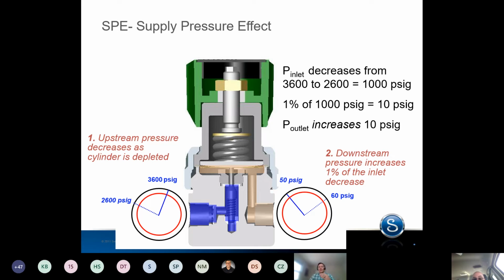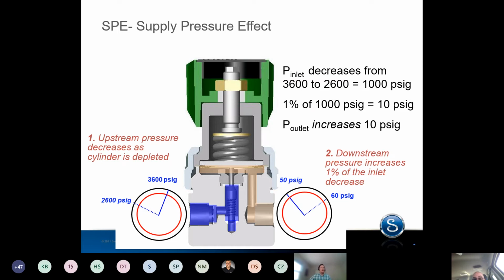We know that that 1,000 psi decrease is going to yield a 10 psi increase, so 1% of that 1,000 psi. For some systems, this might be okay, right? You may be able to handle that 10 psi increase. For other systems where the downstream instruments or the test or the process is more sensitive than that, we may need to get away from SPE or minimize it, right?